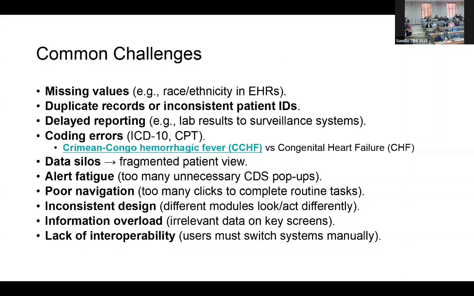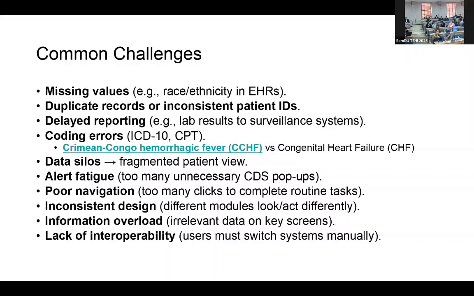Next slide. There are many challenges. Missing values, you probably know that, such as race and ethnicity in electronic health records. Duplicated records, and delayed reporting. For COVID-19 and many other things we have seen delayed reporting, right?